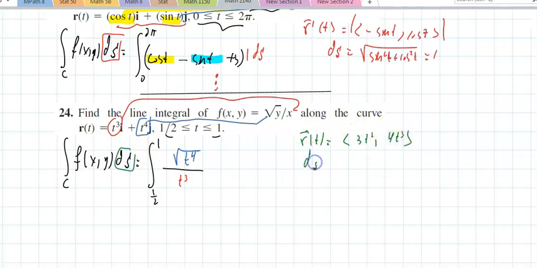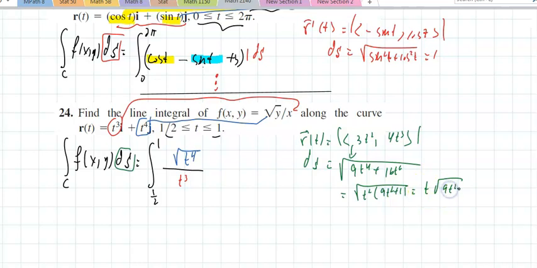And if you find ds, which is the magnitude of this, that would be the square root of 9t to the 4th plus 16t to the 6th. What is that mess? That is the square root of t squared into 9t squared plus 1. That is t times the square root of 9t squared plus 1 dt.